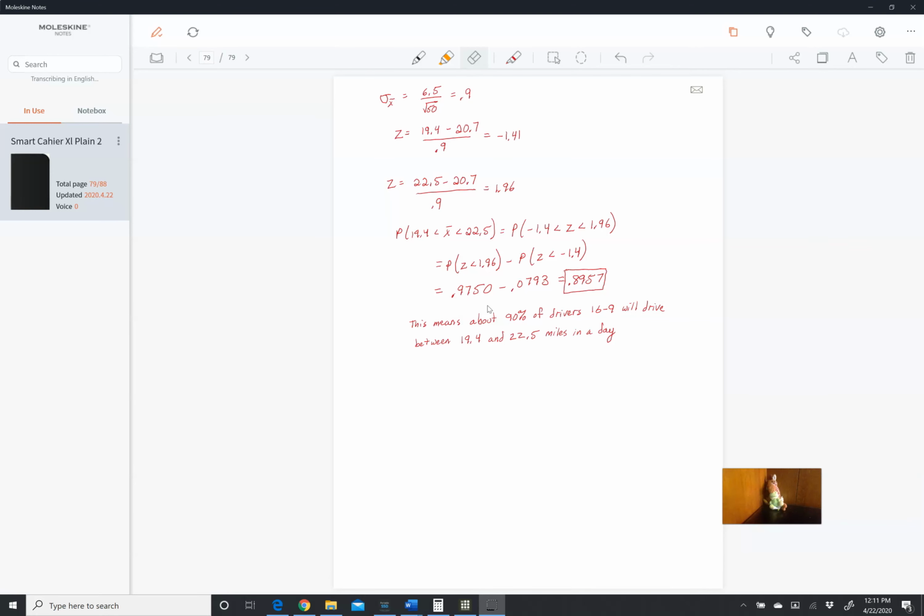Okay, let's do one all the way through. Let's do a second case, same data. So suppose we randomly select 90 drivers.